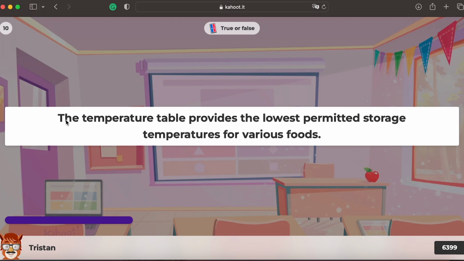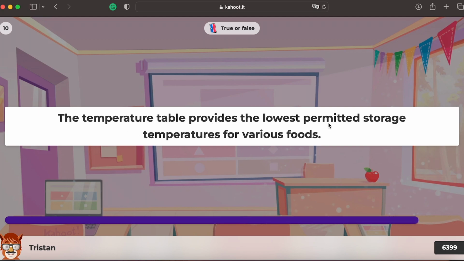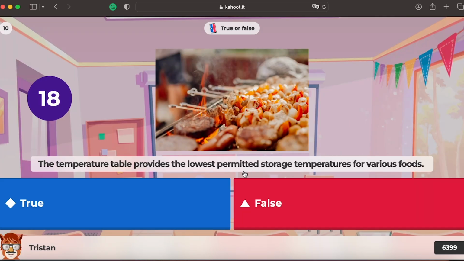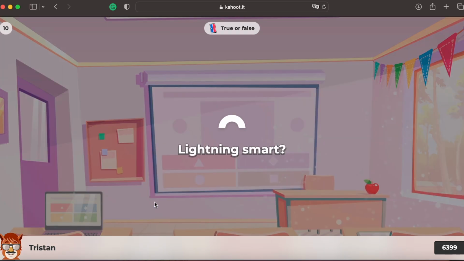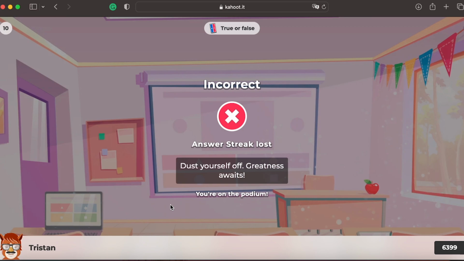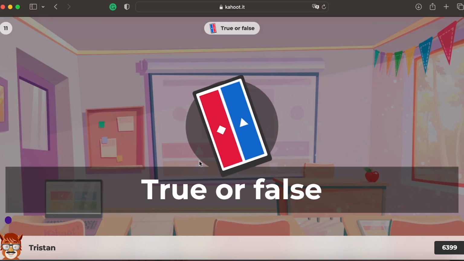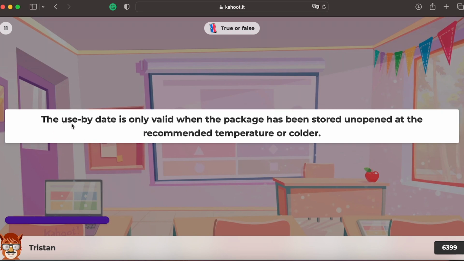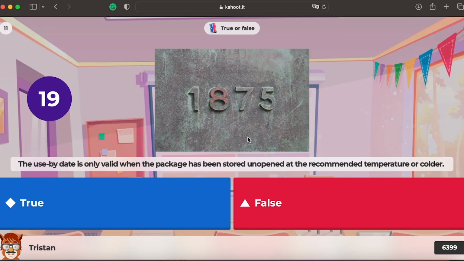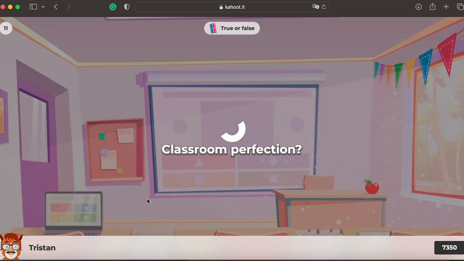Number 10, the temperature table provides the lowest permitted storage temperature for various foods. No, not the lowest. The used by date is only valid when the package has been stored unopened at the recommended temperature. It sounds like correct.